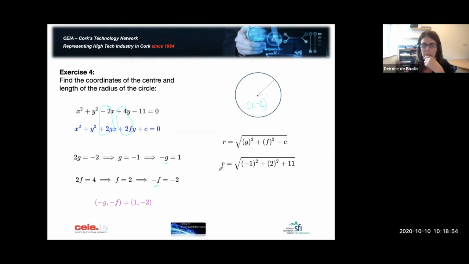So we pop that into the equation here. From here we know that f is equal to 2, and we're going to square that. Minus c now, so we know that c is equal to minus 11. Therefore minus c must be equal to 11, and that's what we're popping in there.